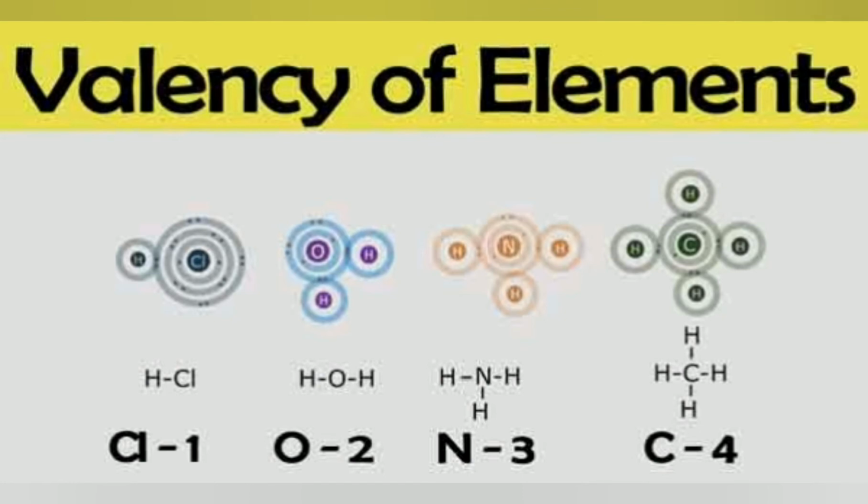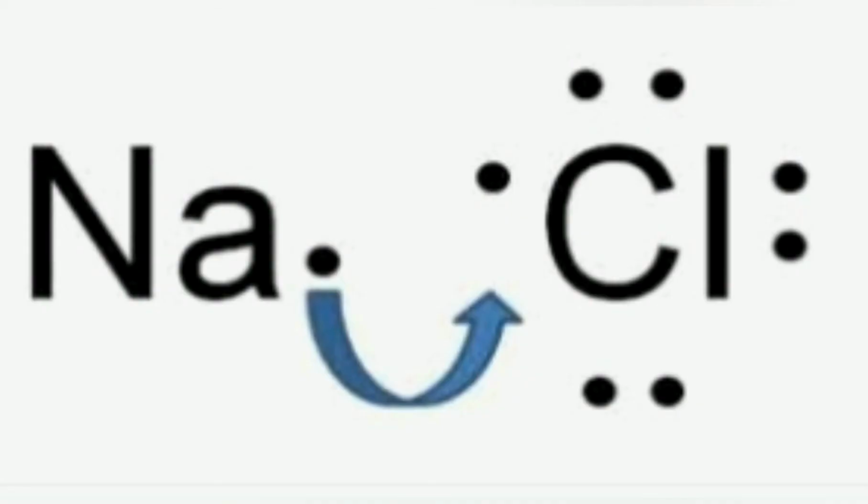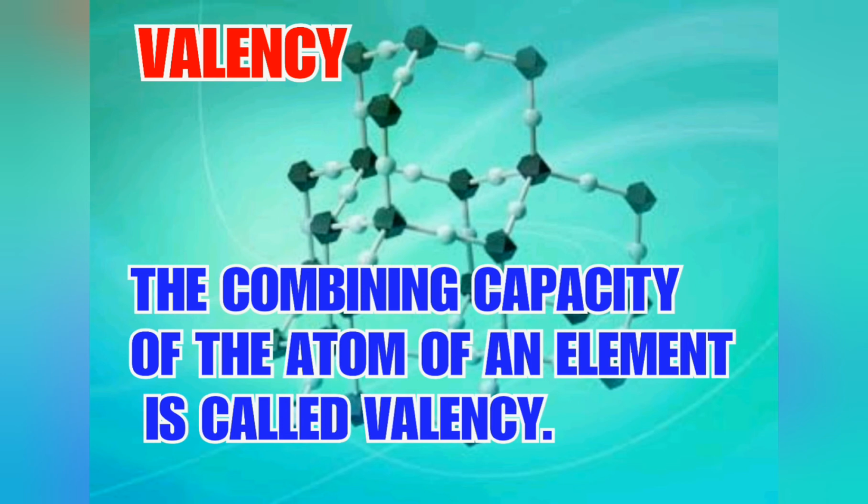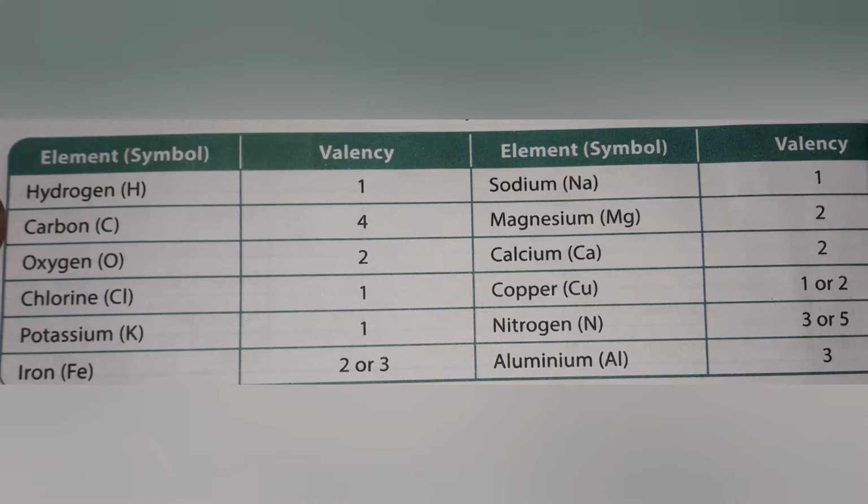Now just understand, in chemistry, the valence or valency of an element is a measure of its combining power with other atoms when it forms chemical compounds or molecules. In simple terms, the combining capacity of the atom of an element is called valency. The valency of some common elements are as in the picture.